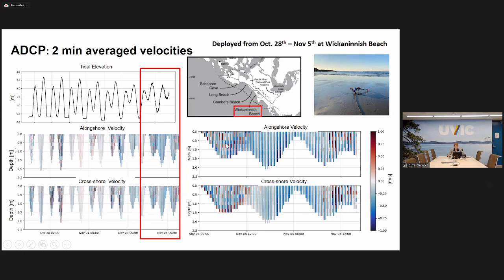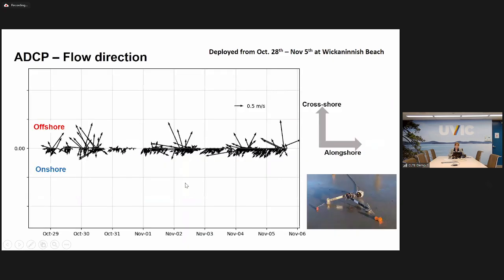And when we take a closer look, that is indeed what we see. The red indicates a positive velocity. So for a cross-shore velocity, that is moving offshore, so the direction we would expect a rip current flow to occur. And we can see we sort of have these alternating periods of very strong offshore velocities and stronger onshore velocities.